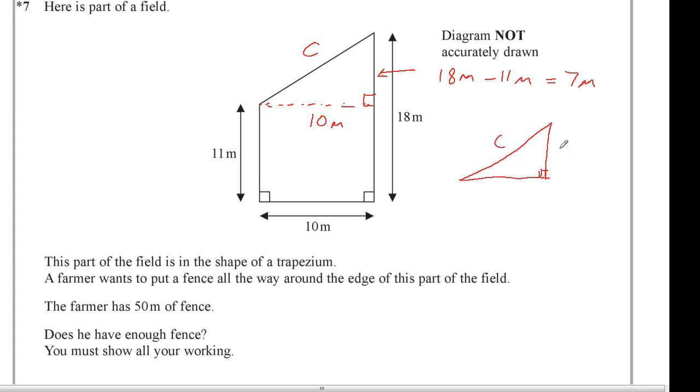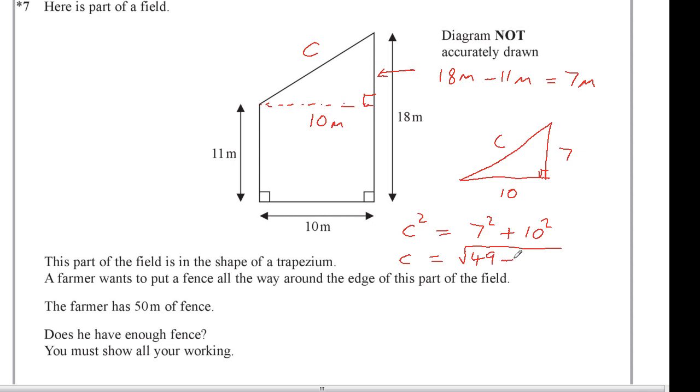C, 7, and this is 10. And C squared equals 7 squared plus 10 squared. And so C must be the square root of that.